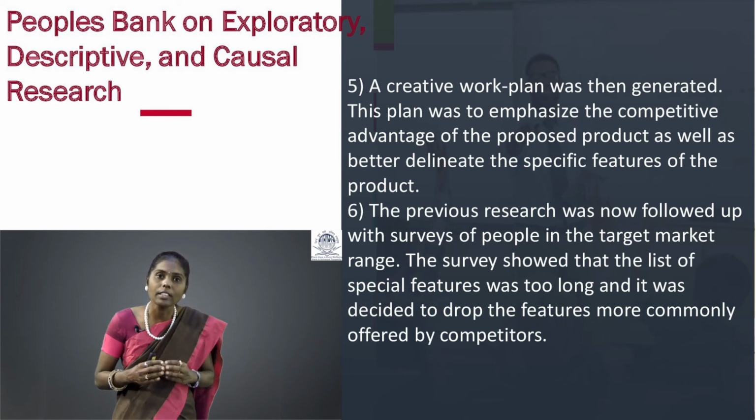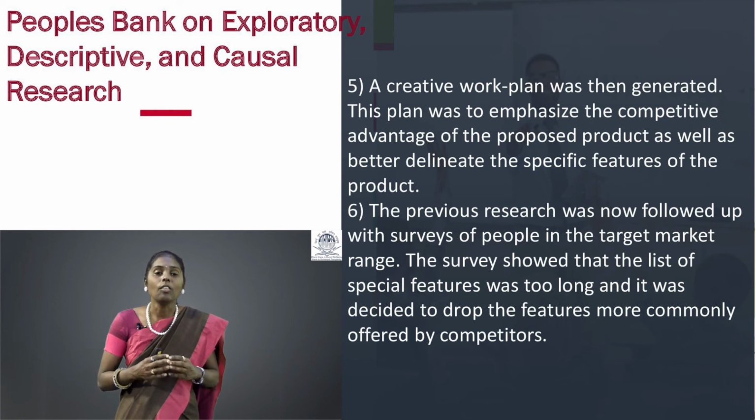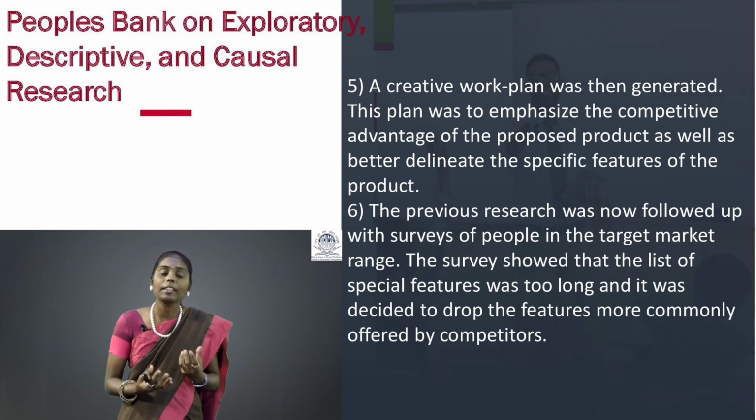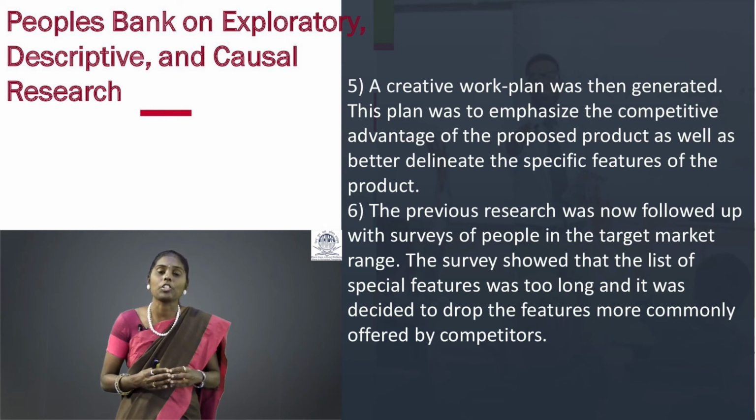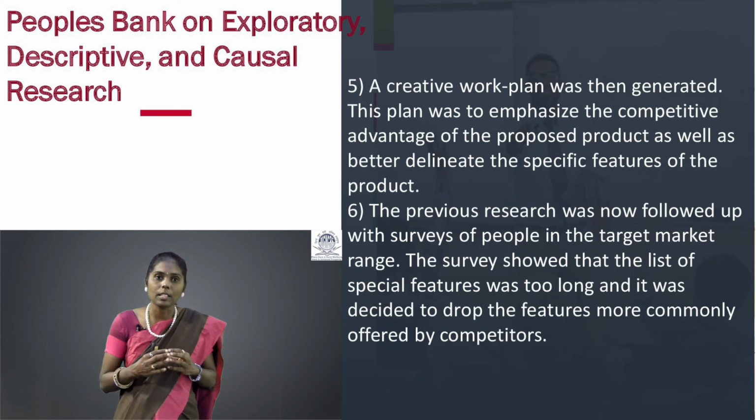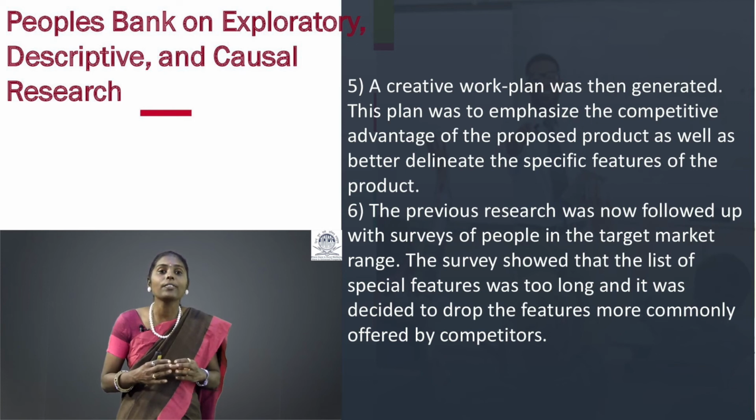So they have done it through a descriptive research using brainstorming session, wherein the facilitator posed questions to the group in identifying or gathering information, and from that they identified that they have to add in unique features to their existing product so that the demand for their new product would increase.